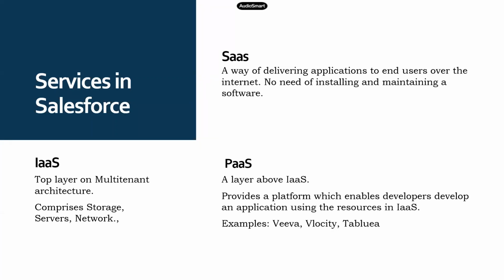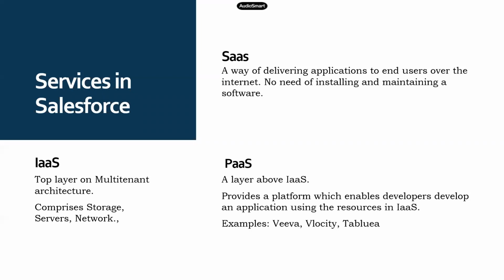The cloud platforms take care of that. The next layer is platform as a service, wherein using the cloud platform's infrastructure, a platform is built so that other clients can develop requirement-specific applications on it.